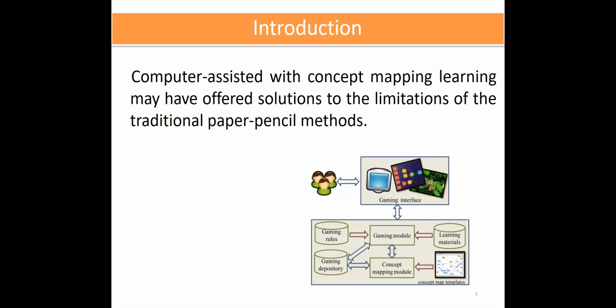Compared to the paper-based maps, the computer-assisted maps may facilitate the modification of nodes and links and make it easier to draw and revise the structure. And moreover, the computer-assisted concept maps can combine with the multimedia system to present the reading content in ways that give the learner a strong impression of the articles.